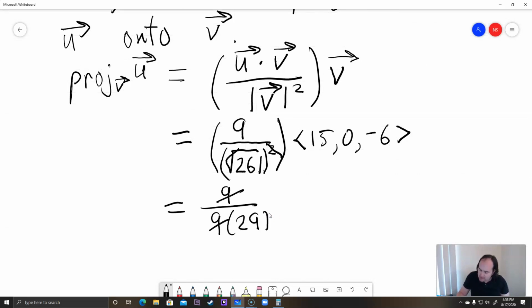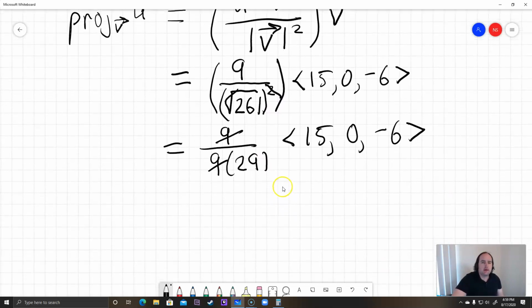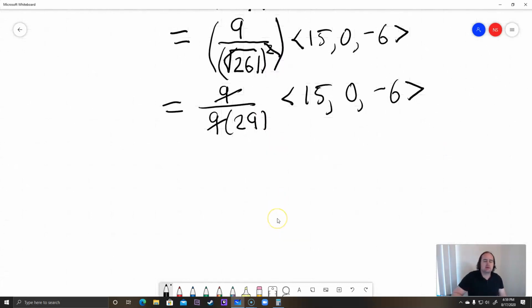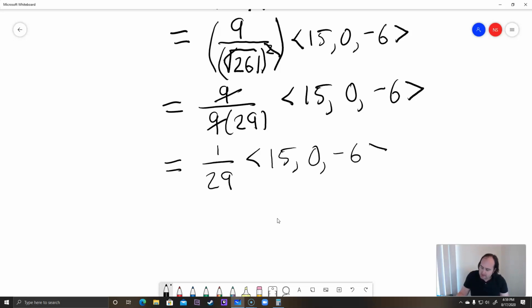So the 9's cancel out, and we just get 1 over 29 times the vector 15, 0, negative 6.